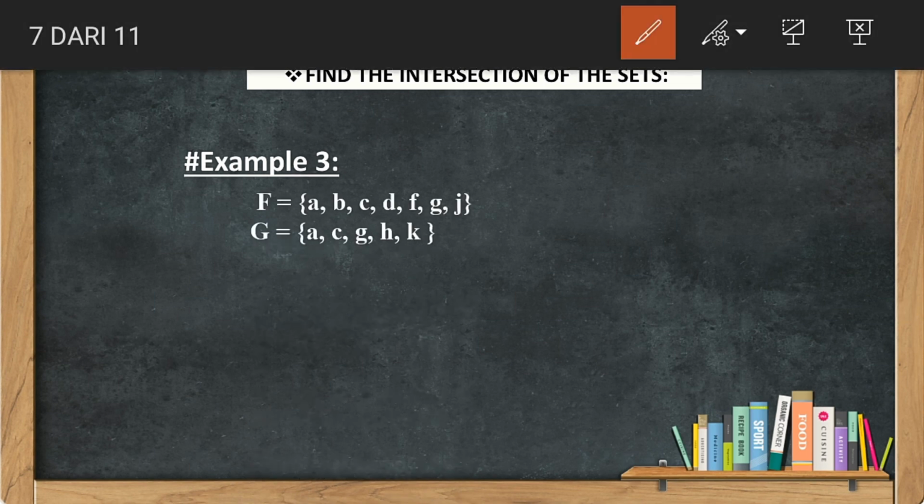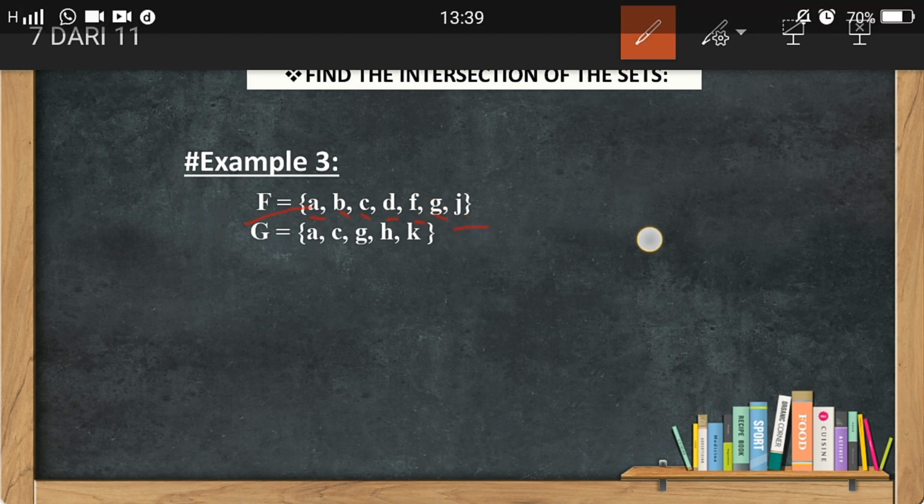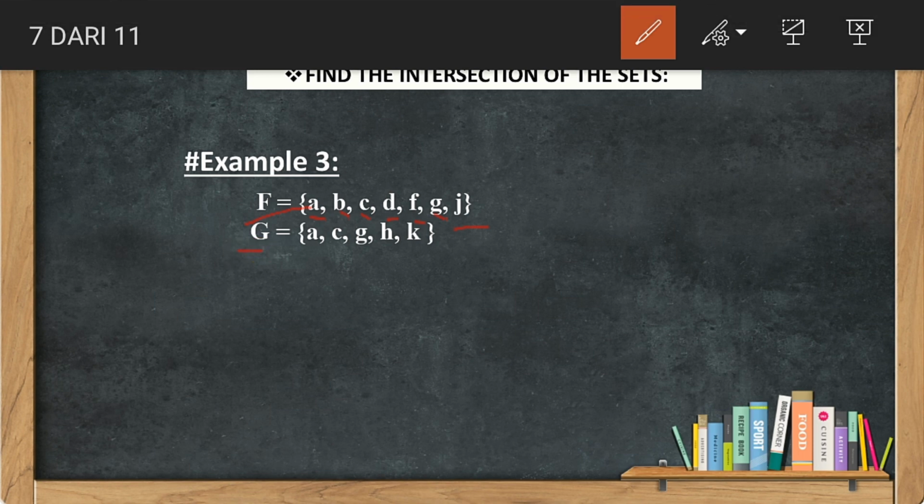Let's say set F contains the elements A, B, C, D, F, G, and J, and set G contains the elements A, C, G, H, and K. What is the intersection between sets F and G?